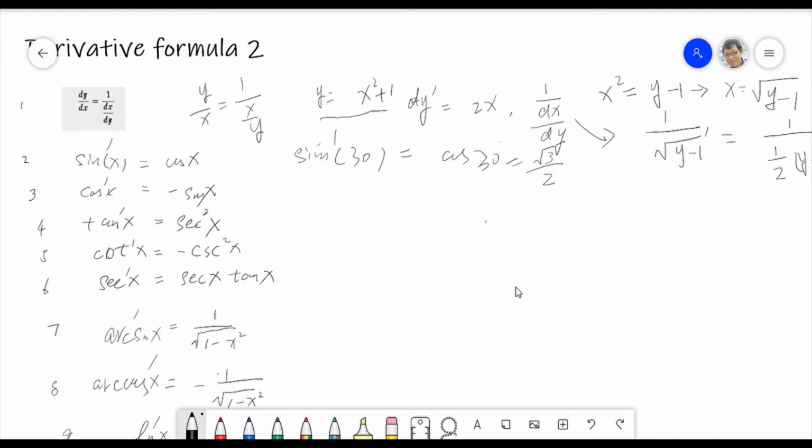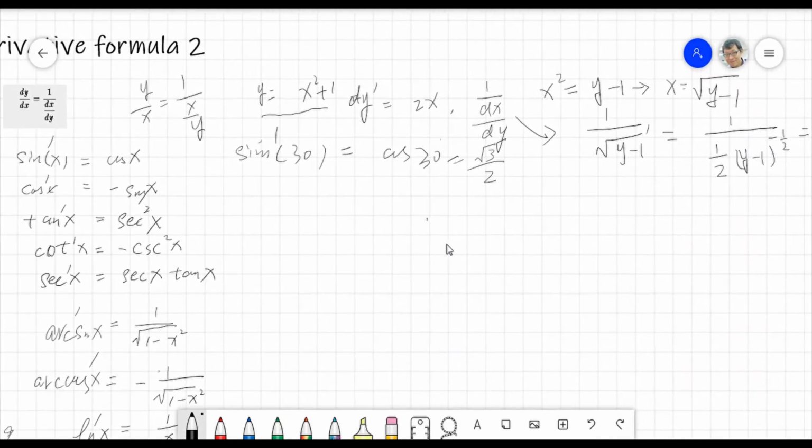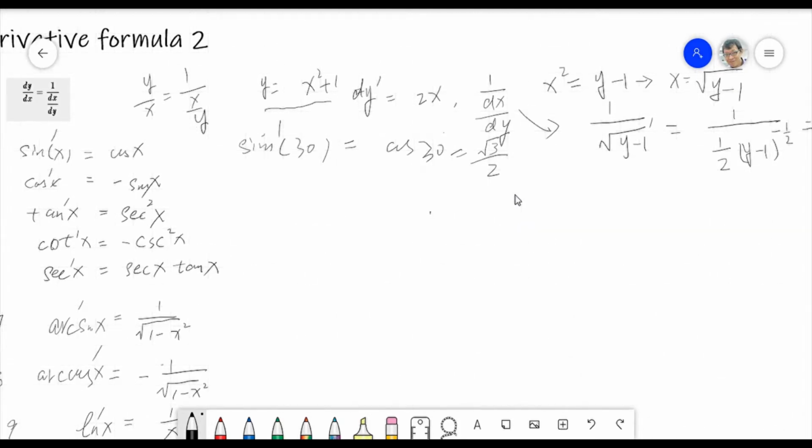If you ask me why, I just tell you this is a special angle, like 30, 45, or 90 degrees, which we can easily draw. For 30 degrees, the sine is 1/2, so the cosine is square root of 3 over 2. So easy to get.